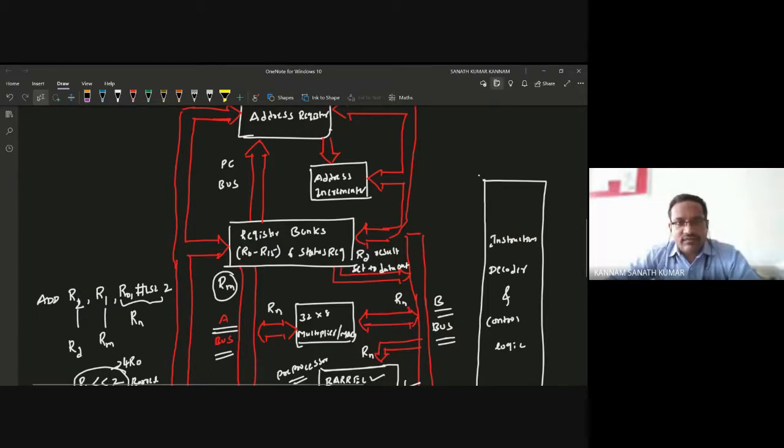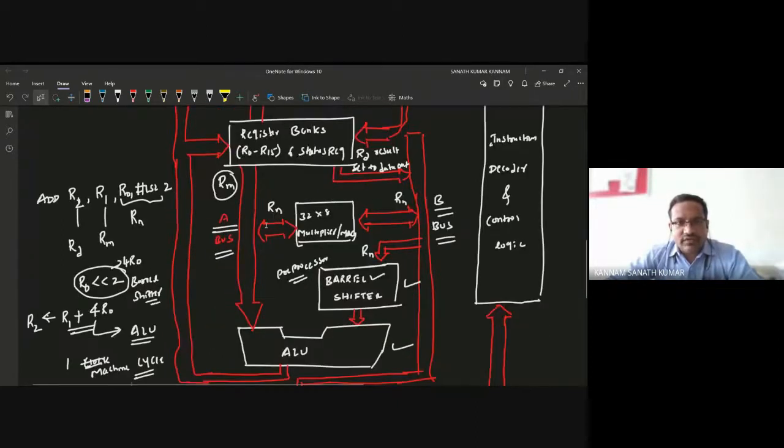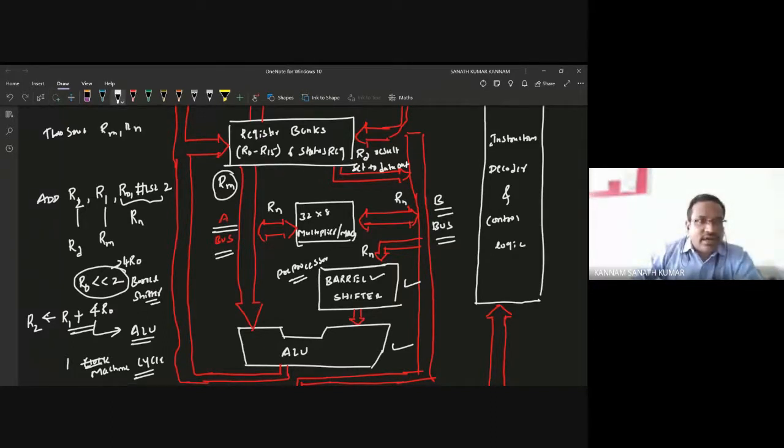After storing, you have two source registers. In this ARM you have two source registers, RM and RN, and one destination register, which is RD.